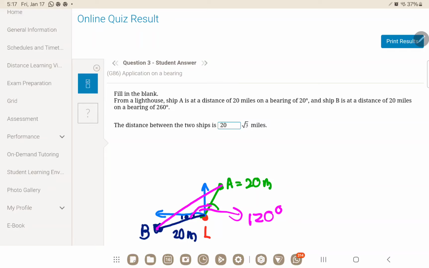And we know that we have two sides, 20 and 20, and one angle.